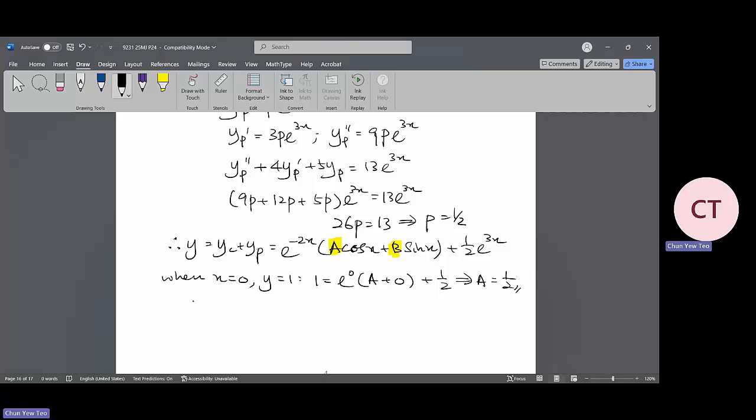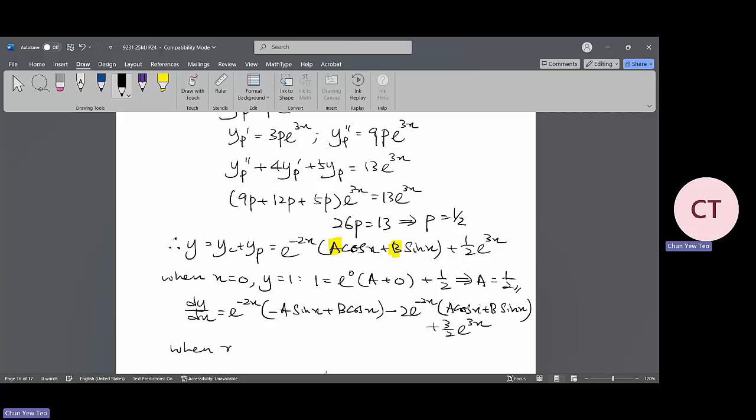Okay, then your dy dx: keep the left, differentiate the right, plus keep the right, differentiate the left. This one not enough space. Let me try to squeeze everything inside here. A cos x plus B sine x, plus 3 over 2 e power 3x.